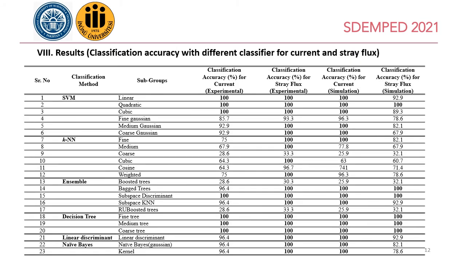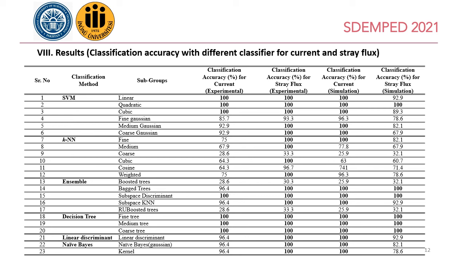Results for the classification accuracy with the different classifiers for the current and the stray flux, both for the experimental setup and the simulation. Seven out of 23 classifiers, highlighted in bold, return 100% accuracy for the stator current, while 18 out of 23 accurately predict the rotor broken bar fault using the stray flux.